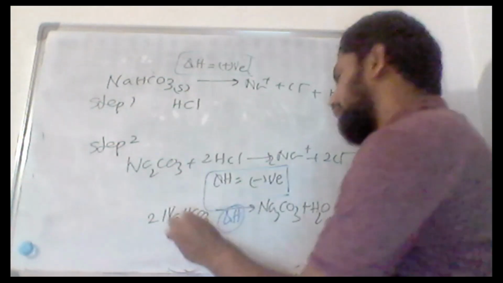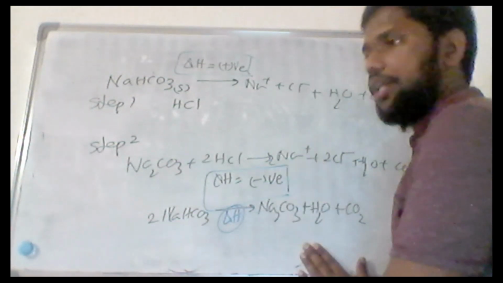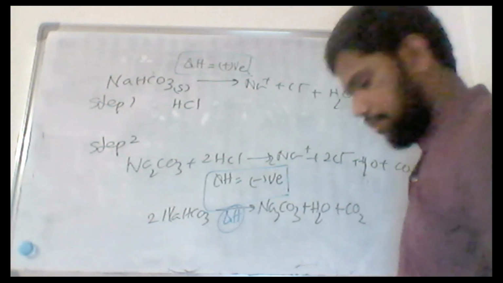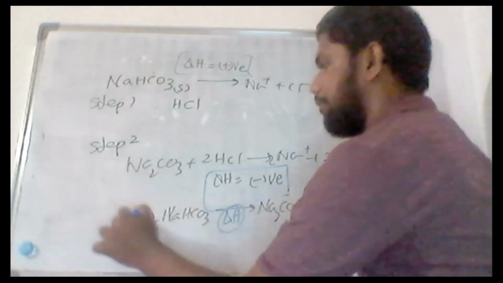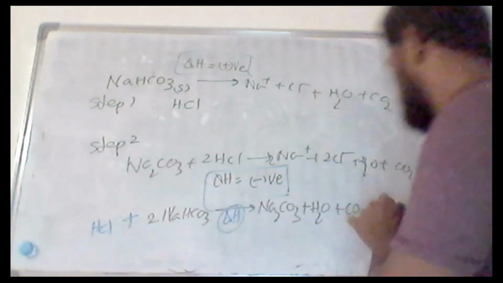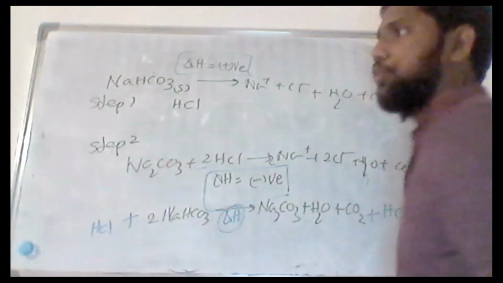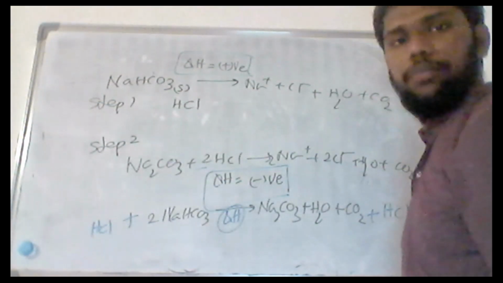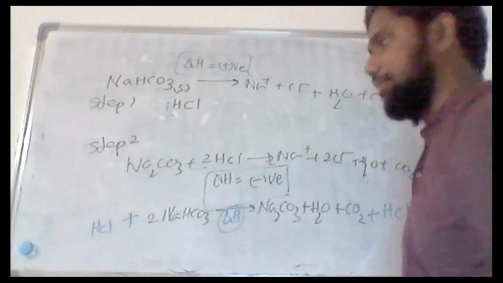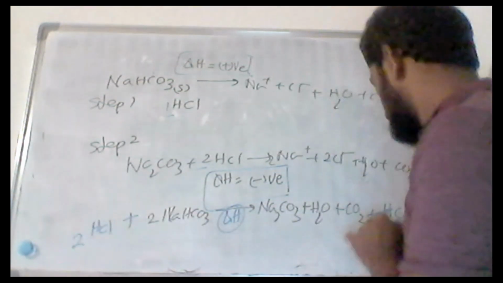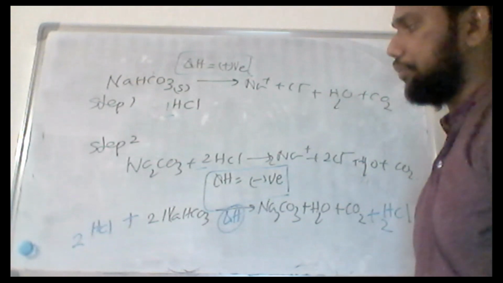So when you add HCl to this side and even to this side, you can balance, because since they have used 2:1 in the particular reaction, you can think about balancing this. So I'm going to add 2 HCl here and 2 HCl here. Right?